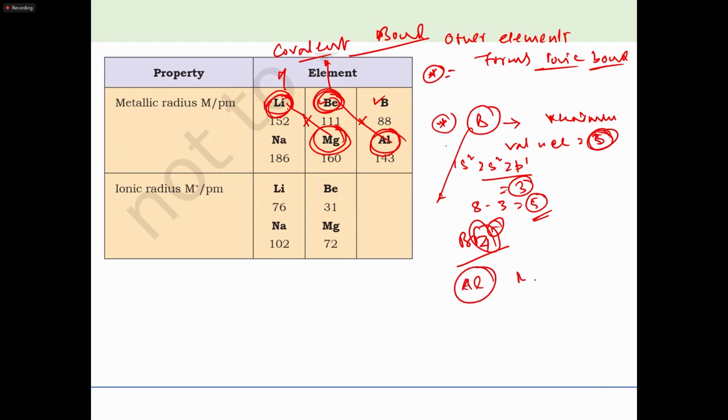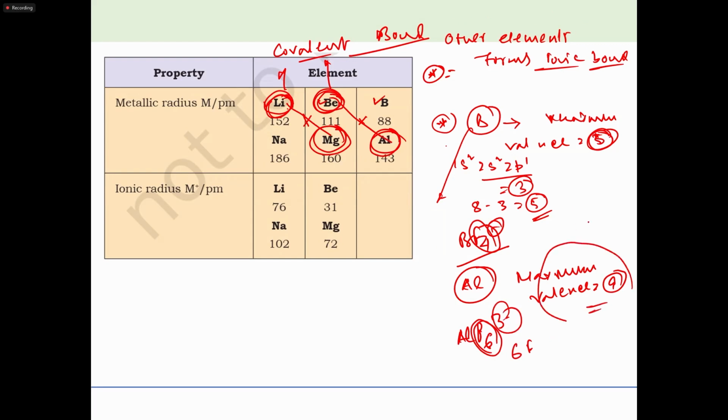For aluminium, the maximum valency will be 9, and the corresponding compound will be AlF6 3 minus. Here there are 6 fluorines and a 3 negative charge. So the maximum valency changes when we go to another period, from boron to aluminium.